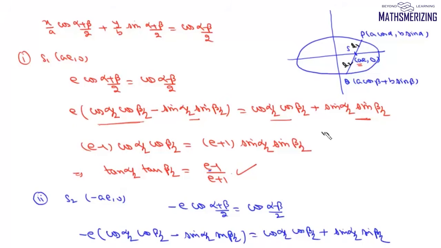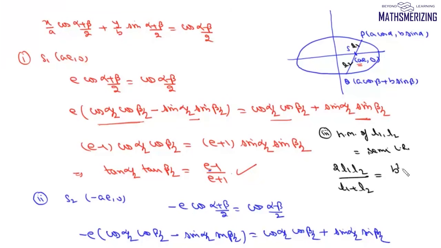So we have this third result, which is harmonic mean of L1, L2 must be equal to the semi-latus rectum. I'll put the link to that video in the description below. 2 L1 L2 upon (L1 plus L2) must be equal to the semi-latus rectum, which in the case of an ellipse will be b square upon a. So that is the third result that we generally use in the case of a focal chord.